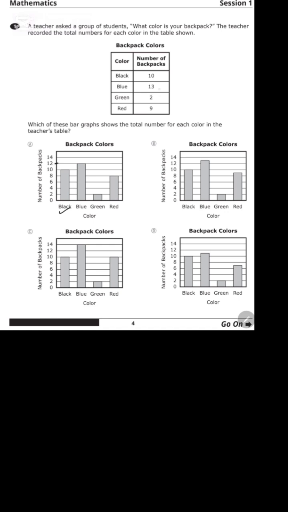However, from the table, the number of blue backpacks are 13. So that means that in the graph, the number of the blue backpacks is not indicated correctly. Moving on to the next one, which is the green. There are 2 green backpacks, which also tallies in the graph. So the green is correct.